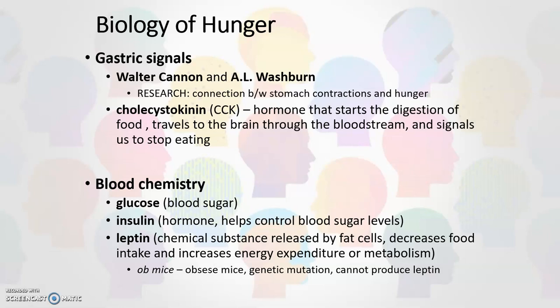It goes through the brain, through the bloodstream, and tells us, hey, stop eating, we're full. The three things you guys do need to know with blood chemistry are glucose, which is your blood sugar, insulin that helps control blood sugar levels, and then especially leptin, which is a chemical substance released by fat cells.